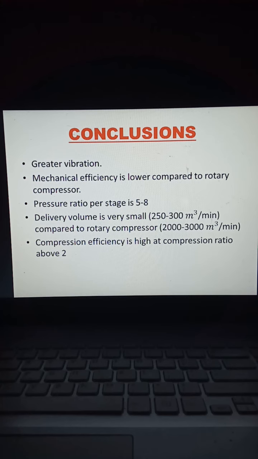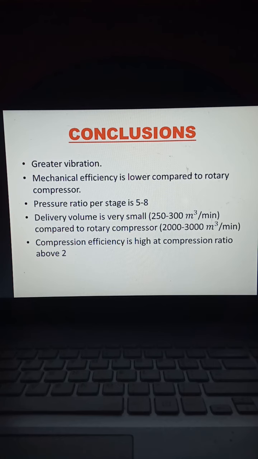And you know that the pressure ratio per stage is 5 to 8. When the pressure ratio is above 8, we go for multi-stage compression. And you know that the reciprocating compressor is commonly used for high pressure applications. One of the major drawbacks of reciprocating compressor is that the flow is pulsating. It is not continuous.